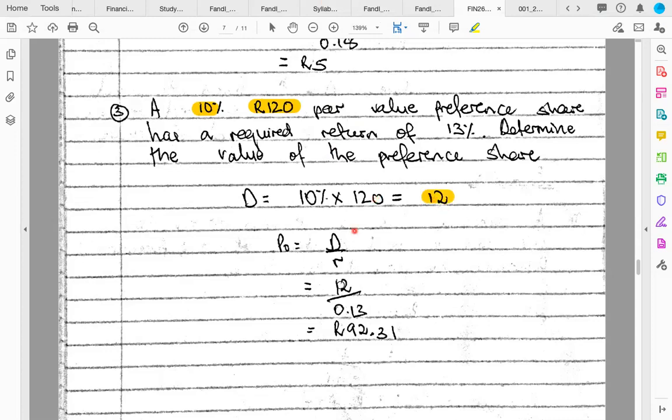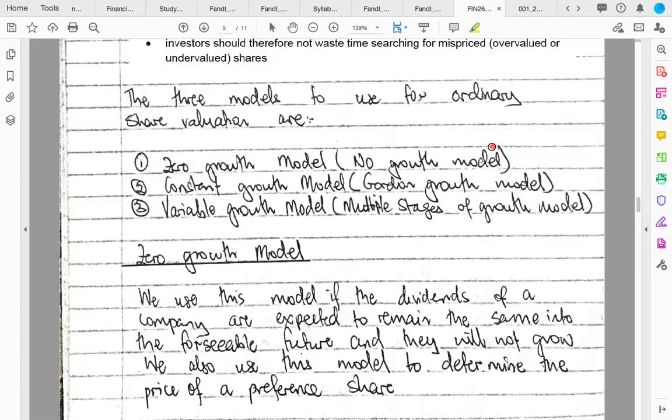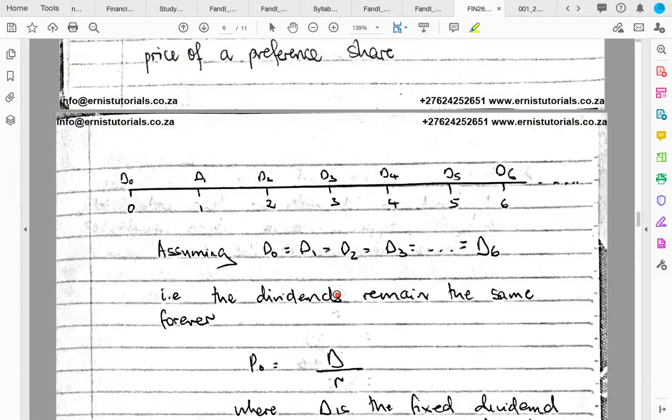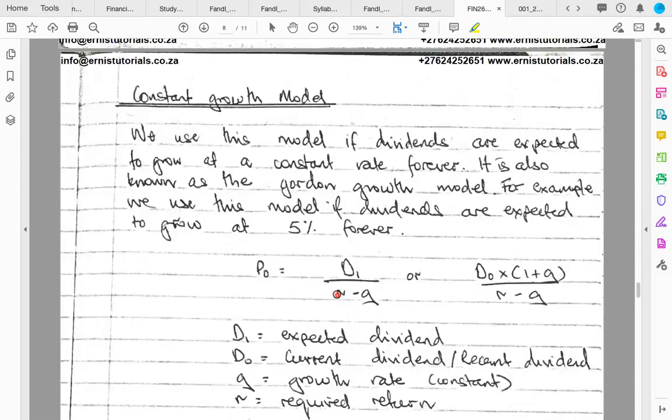And then we would simply take that 12 Rand dividend divided by our required return of 13%, and that would give us the price of the preference share. So also look out for preference shares. If you get a preference share, immediately think about the no growth or zero growth model in terms of determining prices or required returns and so forth.